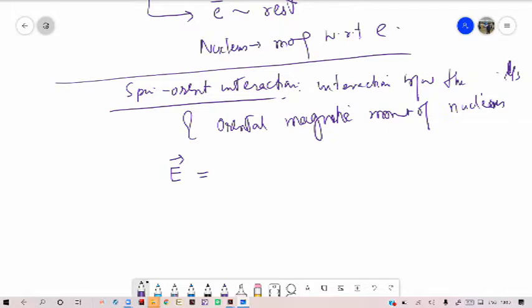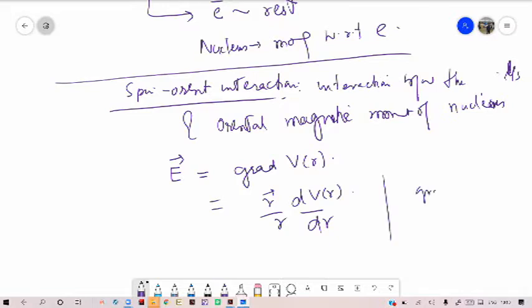If we write that field by E, we know that it is the gradient of V, del V. This is what we know from the earlier class: the gradient of a potential function V(r) from electrodynamics. I can write it as dV by dr times r by r, and this V is a function of r.